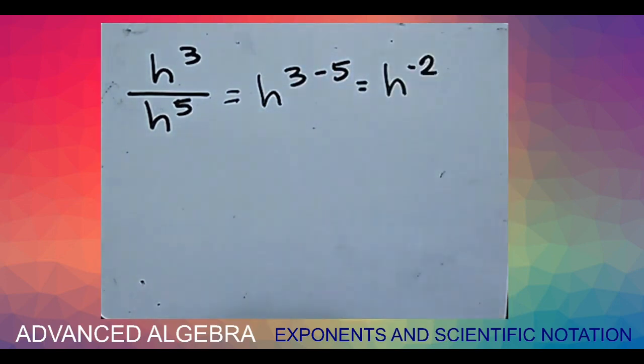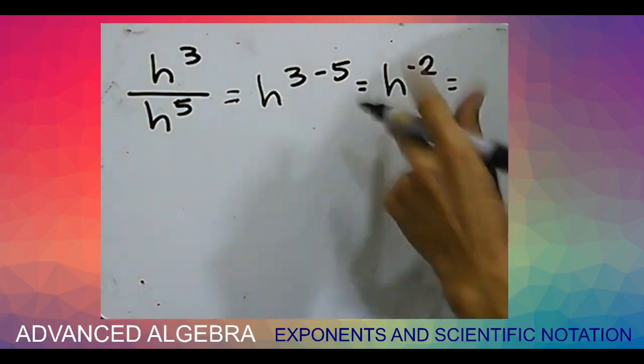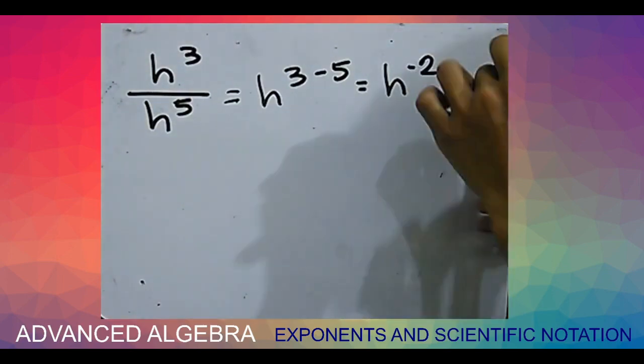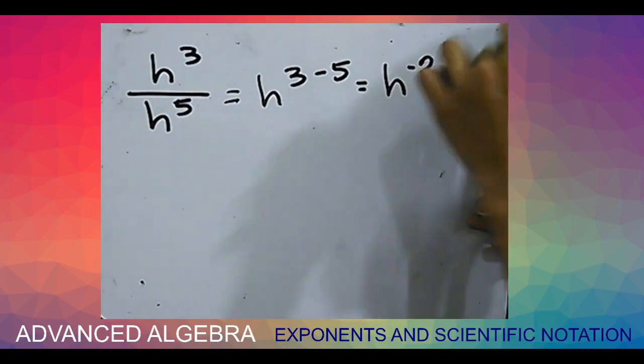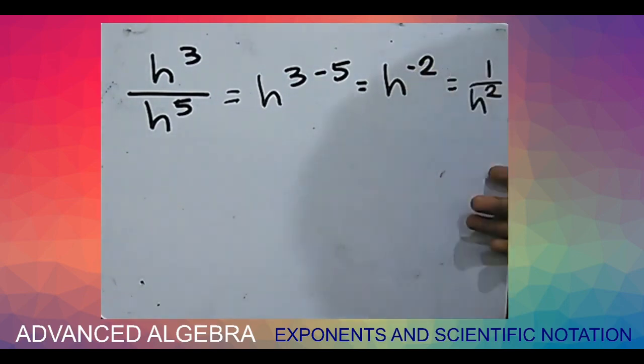Then i-apply natin yung negative exponent rule, or negative rule of exponent. Lalagyan si H, pag binaliktad natin, magiging positive na siya. So 1 over H to the second power.